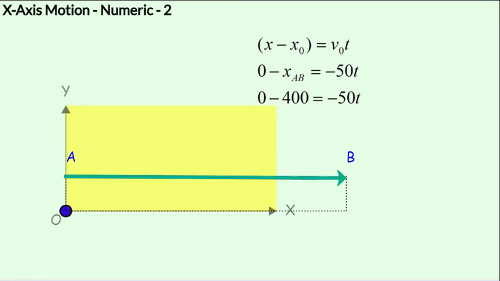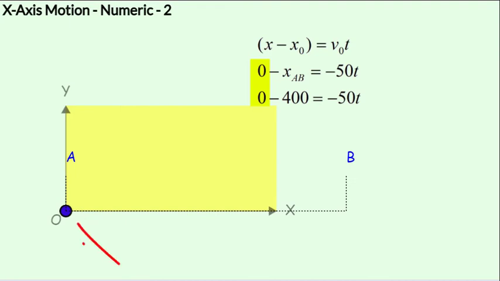The initial displacement of B would be xb with respect to A, which is xab and is given as 400 meters. And the final displacement would be 0 as B will meet A here, with A being at rest.